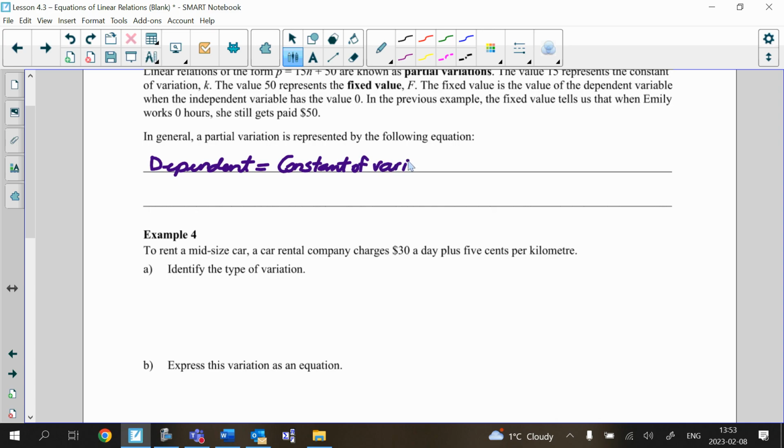If there's no fixed value, it's direct. If there's a fixed value added on, it's partial.